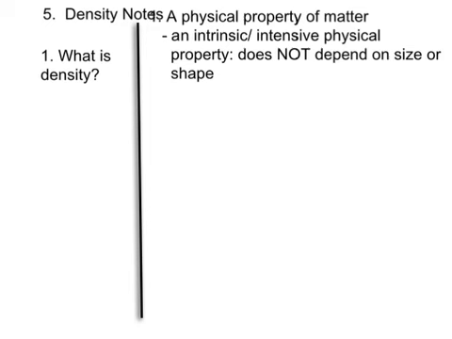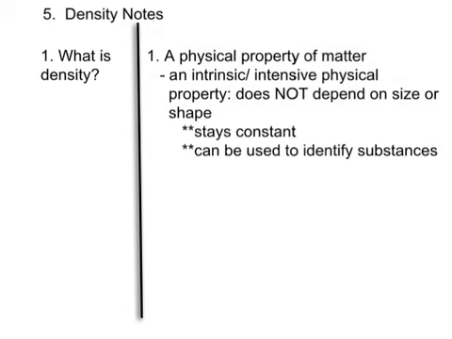The density of that material, if it's made out of the same substance, is going to have the exact same density. So in our notes we're going to put down again that it stays constant, and because it stays constant, and it doesn't depend on size or shape, it can be used to identify substances. The density for each particular substance is different. That's why we can use it to identify substances.